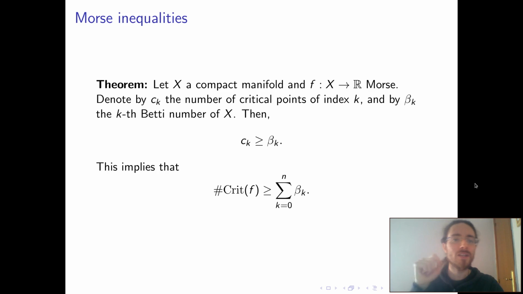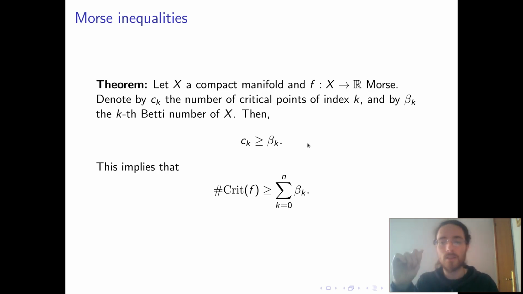If you have the number of critical points of a Morse function, and you select them by the index, which I think that you already know the definition of index, but if not, this is going to be recalled in short. These numbers are related to these topological invariants, which are the Betti numbers of your manifold X. So you have these inequalities.